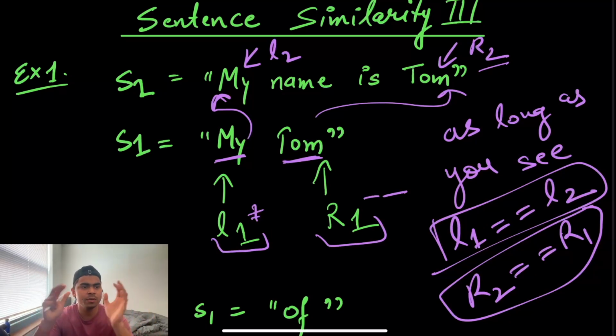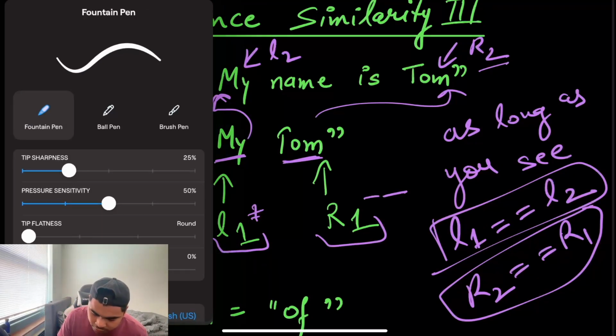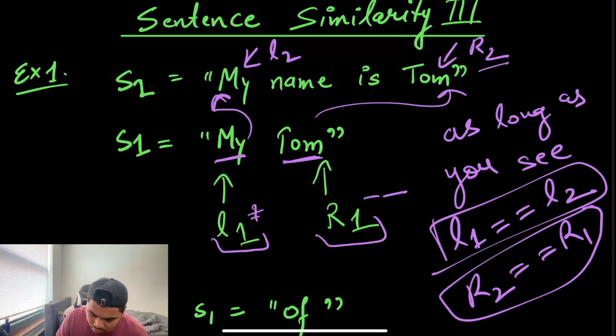And the reason we are doing this is that at the end of the day what we want to see is that this particular string that we are seeing here, either this will occur in the beginning, which is like a prefix of S2, or it might be in the end.